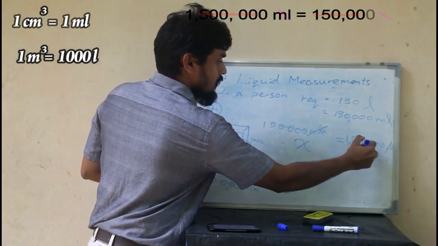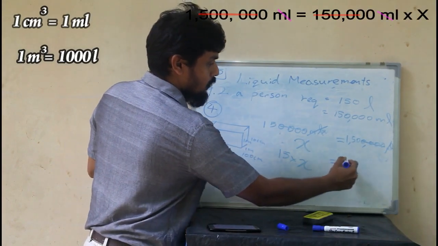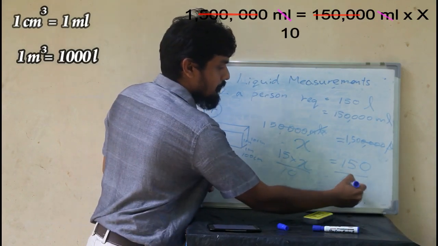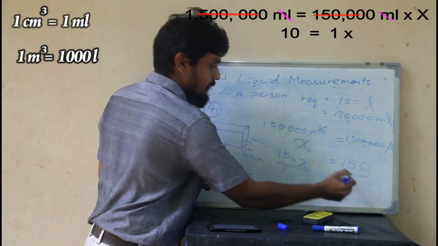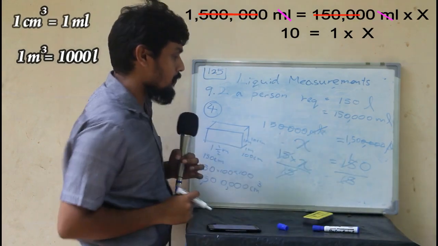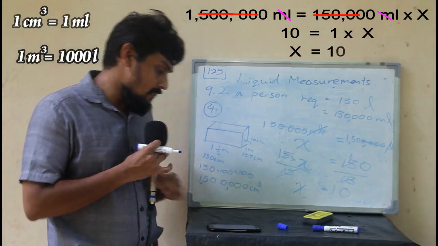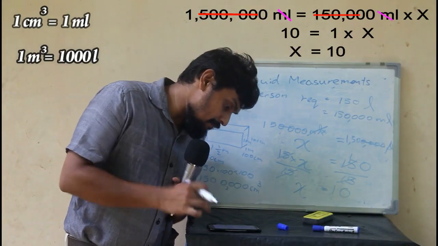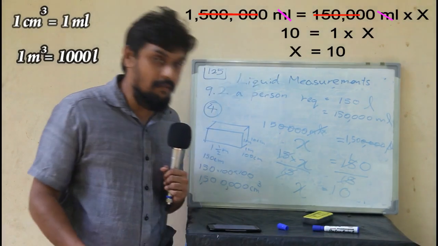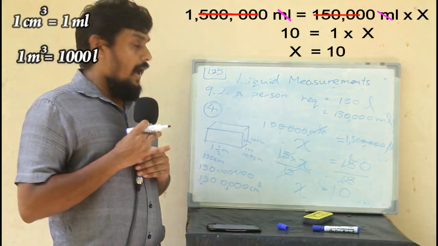Here 4 zeros, here 4 zeros. So 15 into x equals 150. Divide both sides by 15. So x equals 10. So the answer is 10. How many people will this quantity of water be sufficient for a day? The answer is 10. So 10 people will have this water.